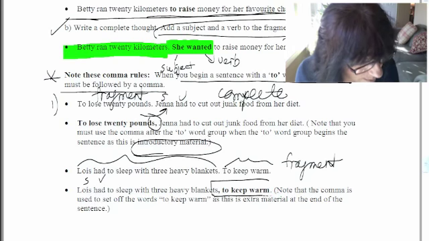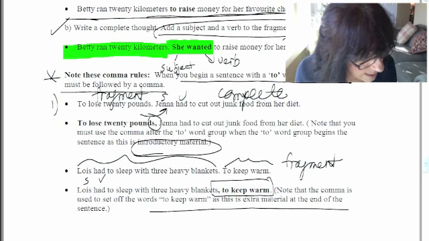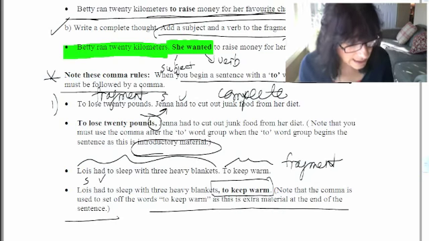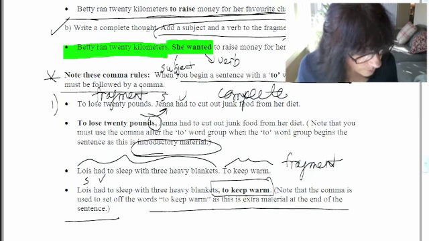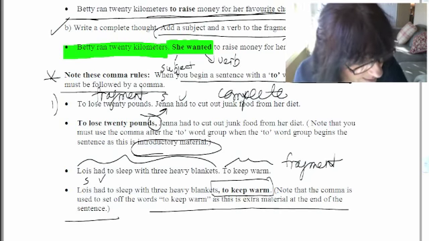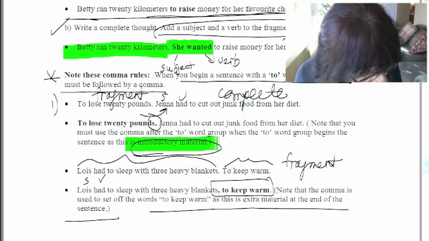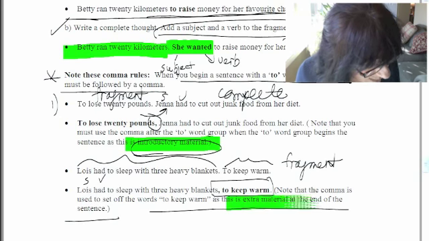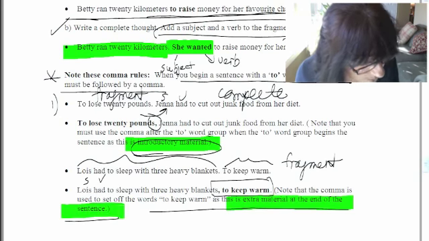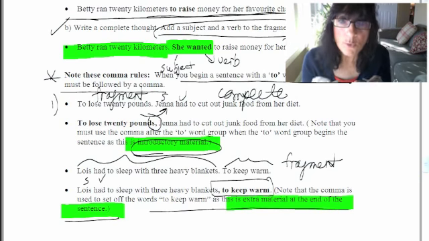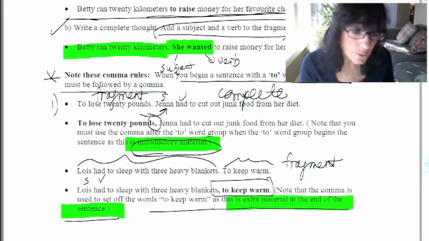There's your comma. To keep warm. So note that the comma is used to set off the words to keep warm, as this is extra material at the end of the sentence. So whether you're adding it to the beginning of the sentence, which is called introductory material, or whether you're using it at the end of the sentence, which is like concluding material, wherever that to word group goes, you need to follow the comma rule.